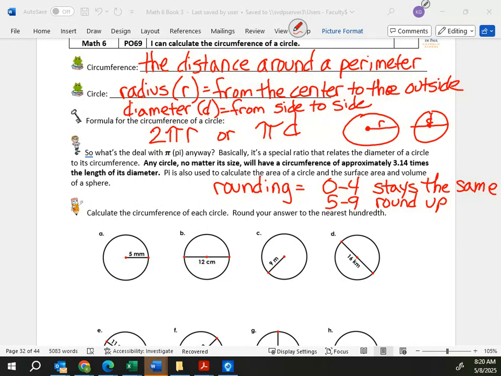You know in your homework if you've been messing up on your rounding. Put a note on there to help you catch that on the test. So 0 to 4, that 100th place stays the same if it's followed by a 0 to 4. If it's followed by a 5 to 9, you round up 1. Any questions on the circumference?